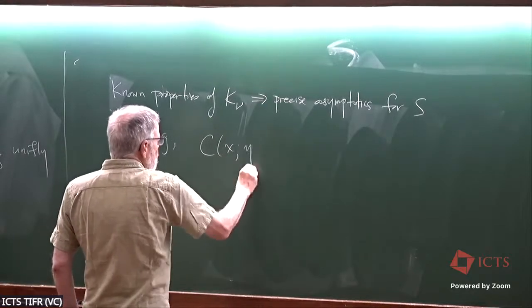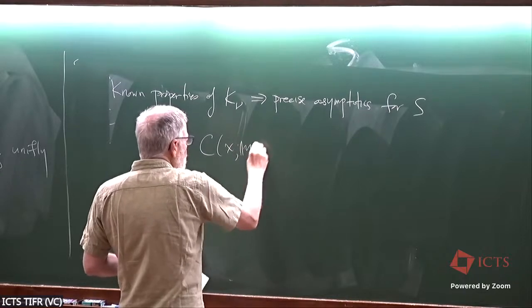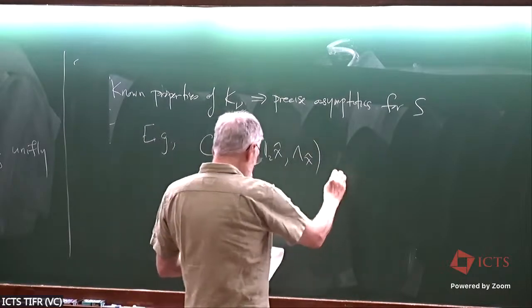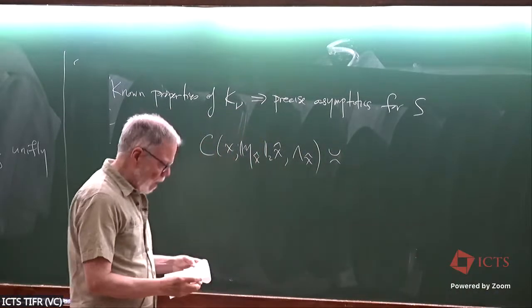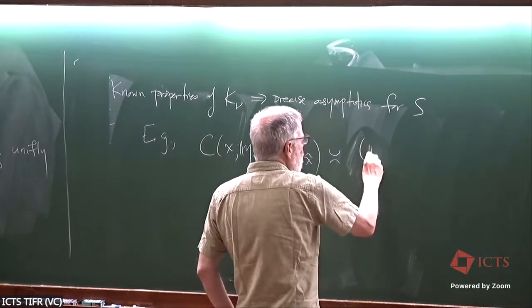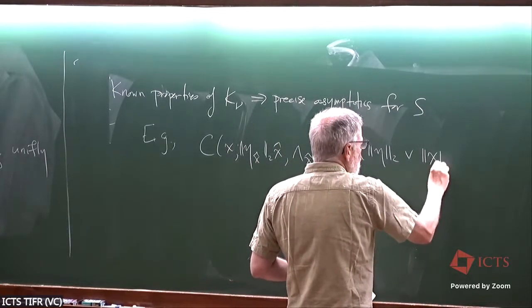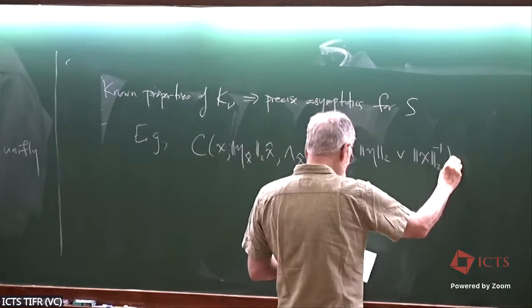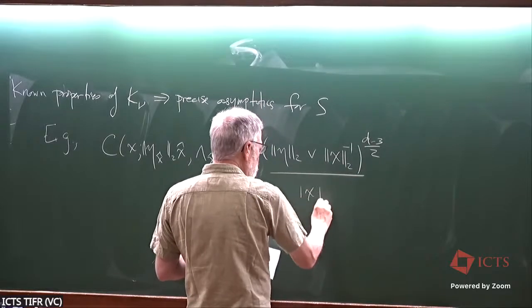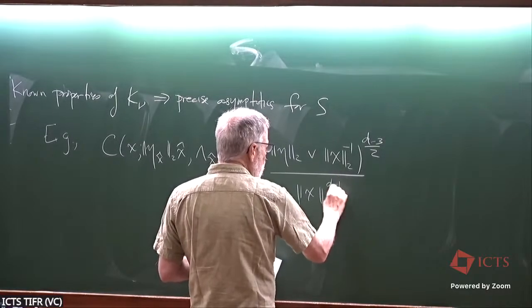C_x(η x̂) is bounded above and below by the norm of η, max of x inverse to the power (d−3)/2, divided by x to the (d−1)/2.